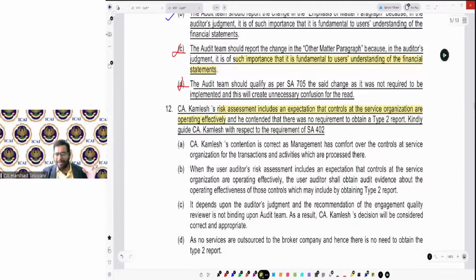Okay, let's go to the type 2 report a bit in detail. Who prepares the type 2 report? If we are saying that a type 2 report is compulsory, who is the preparer of the type 2 report?